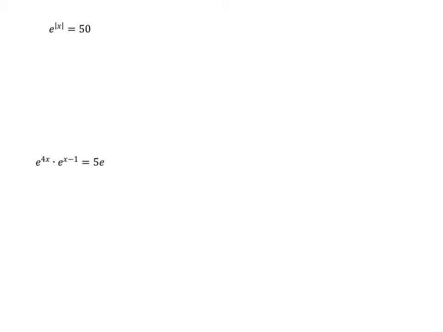Now, anytime you're dealing with something that has e, you have to use the natural log. So what I'll do is take the natural log of this first equation. So I get the natural log of e to the absolute value of x is equal to the natural log of 50.